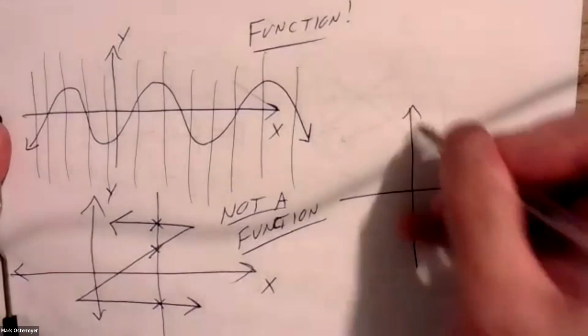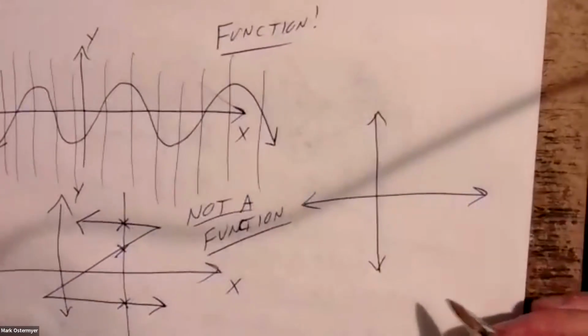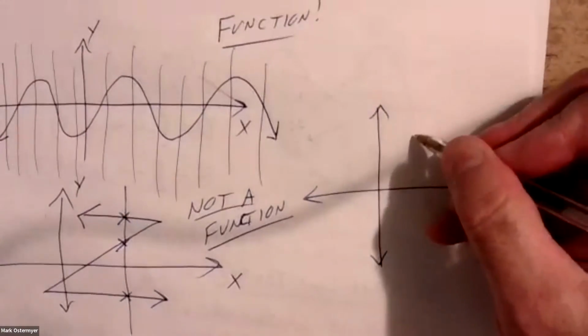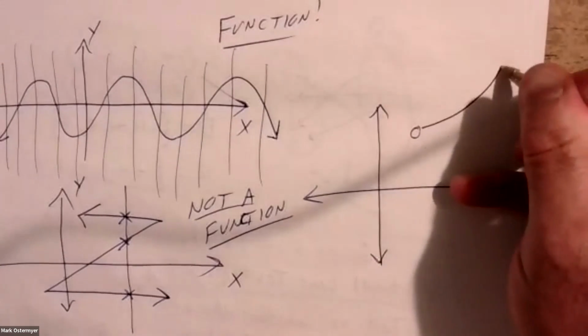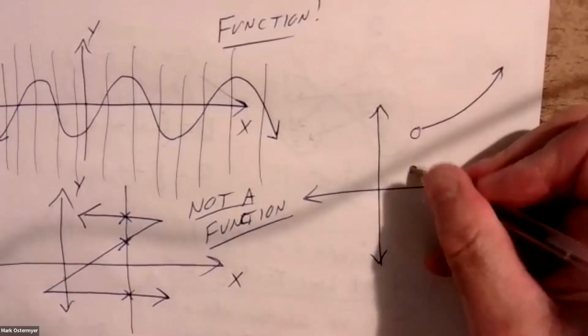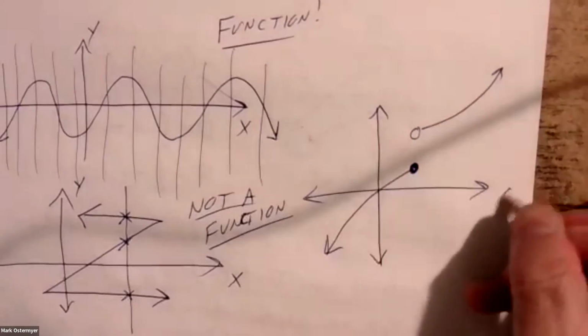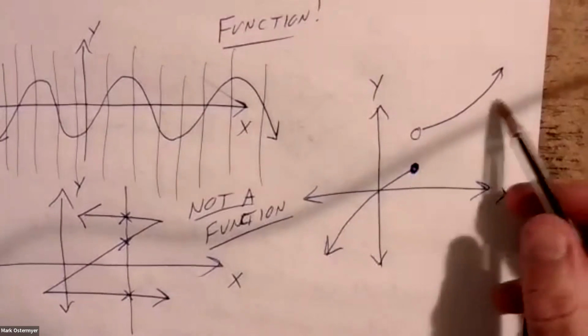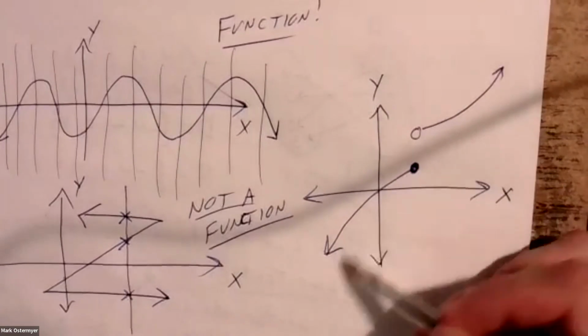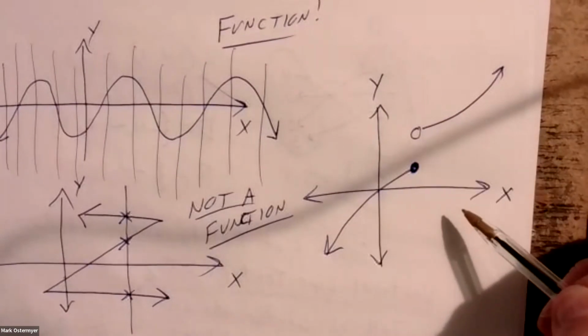Look at the graph of this relation here. This is a relation, ladies and gentlemen. It's the graph of a set of ordered pairs. Is this relation a function?